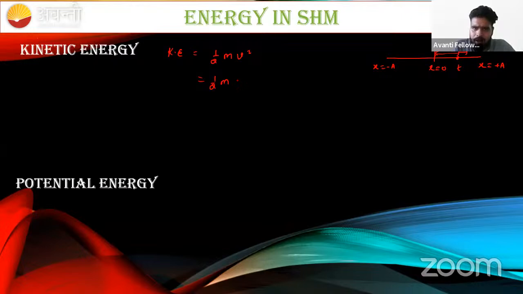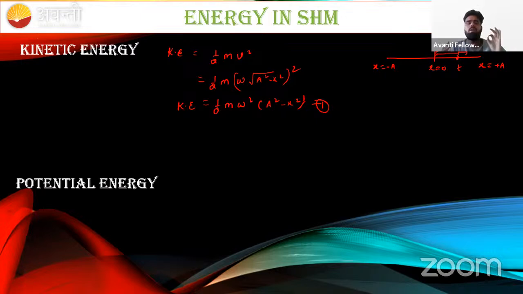We already know it: omega under root A square minus x square. So the kinetic energy is half m omega square times A square minus x square. We have to remember this formula. It is just putting the value of velocity in the equation of kinetic energy.